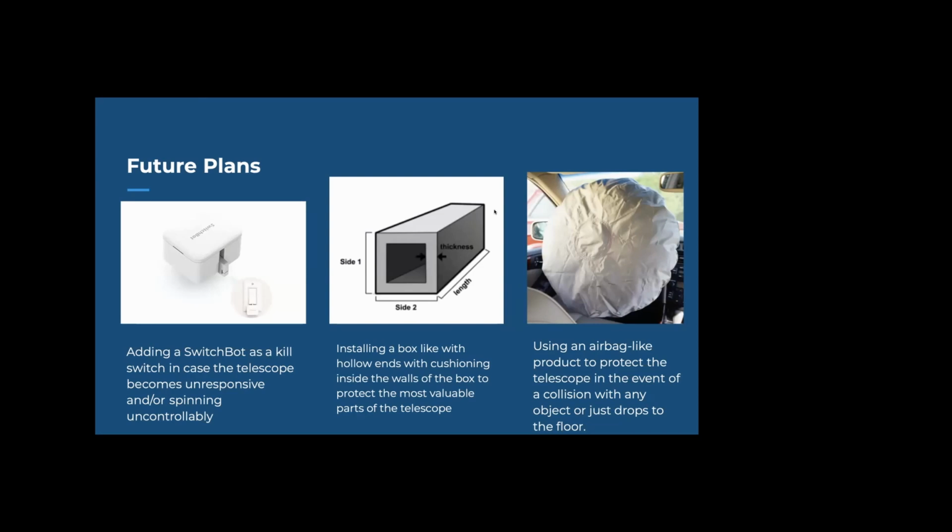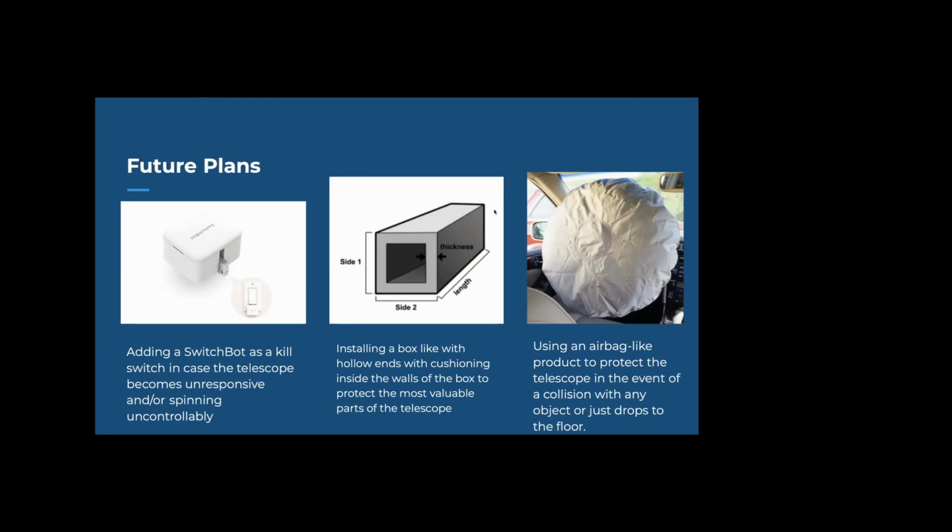And then the second picture that we have is installing a box around the telescope, and it's going to act as a cushioning system, so that when something bumps into the telescope, we have this box to prevent the telescope from getting damaged.